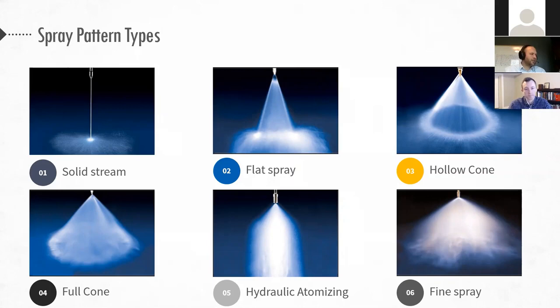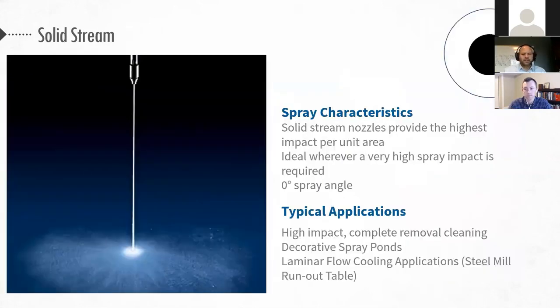On our next slide, you're going to see that we can keep that intact, but there's also a good amount of high impact, and we use those in a lot of tank cleaning applications where you're looking to use that spray to remove various particles or pieces of debris.